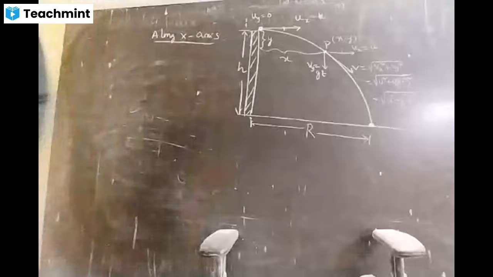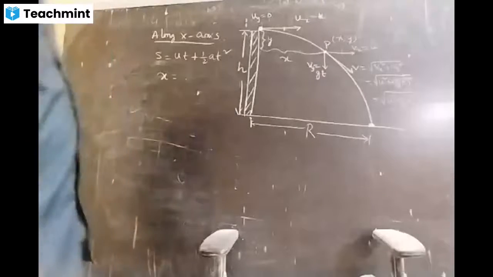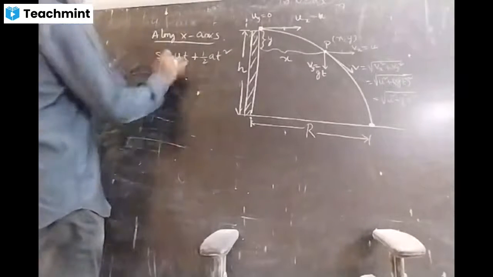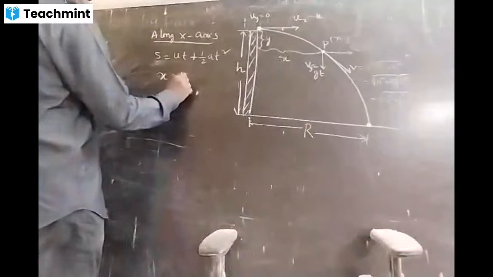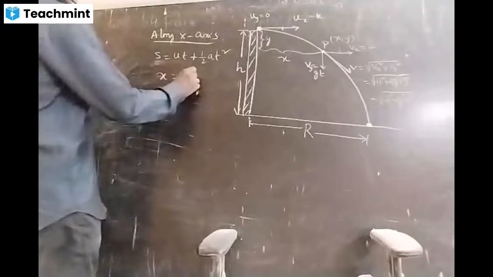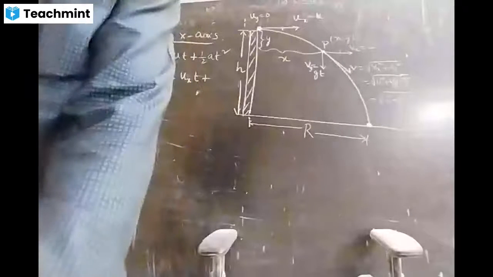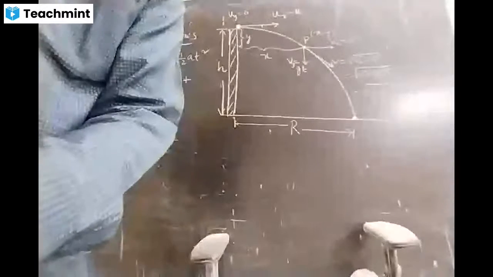Sir, your voice is breaking. Yeah, during the downward journey, x is equal to, in place of u, ux. Sir, your voice is breaking, sir. Yes, sir. Maybe something got disconnected, the net.